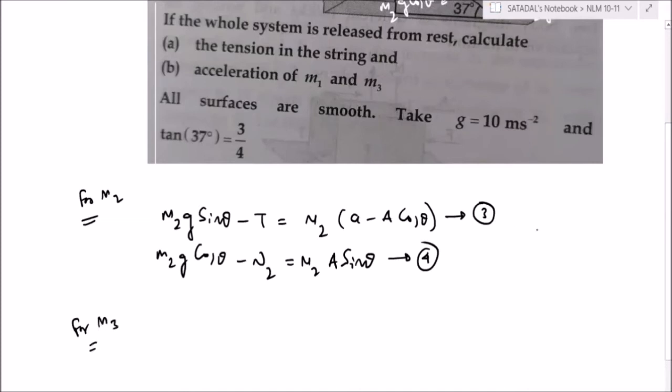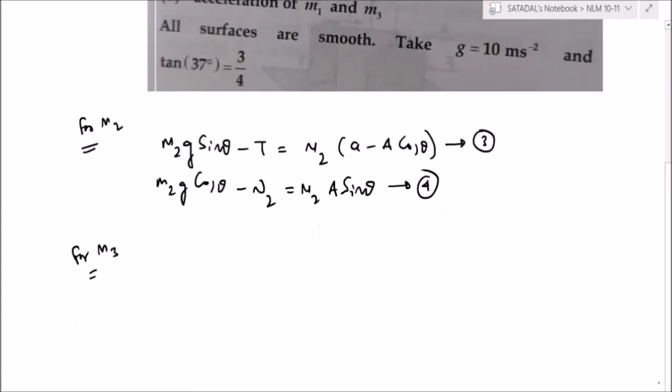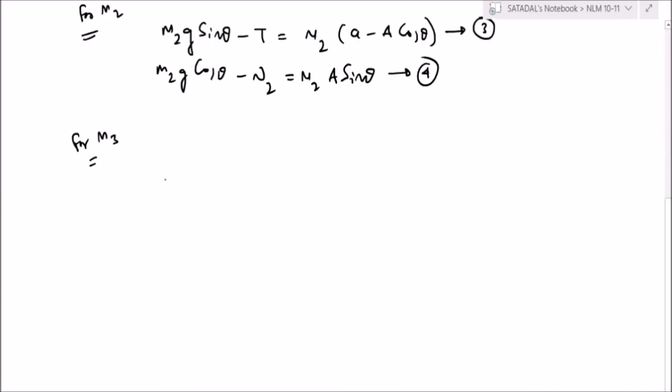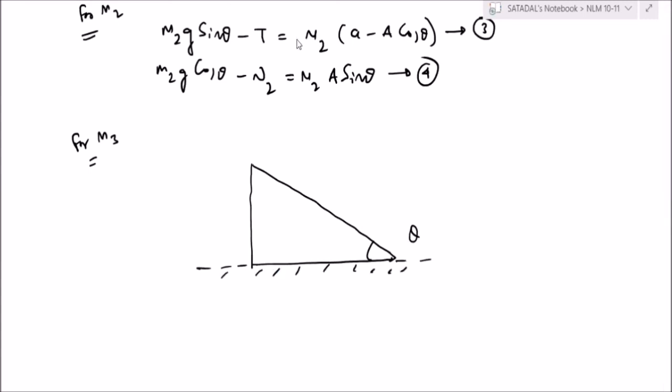Now let us write for M3. Now for this one we need a diagram. So I request everyone to watch out carefully. This is theta. So in this direction you will have, let us say, this is N1.